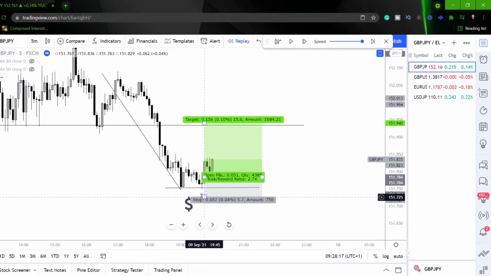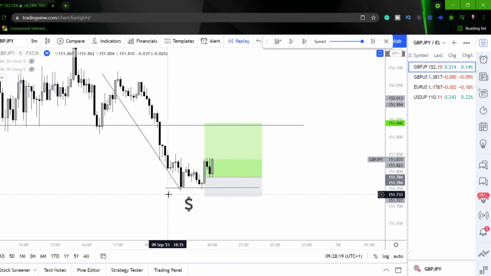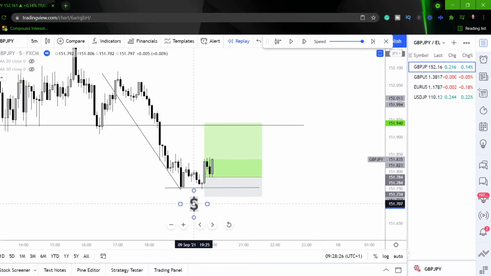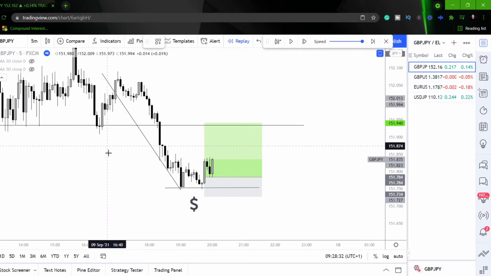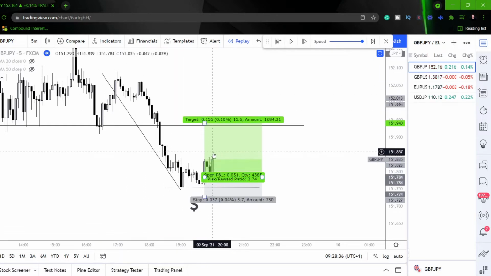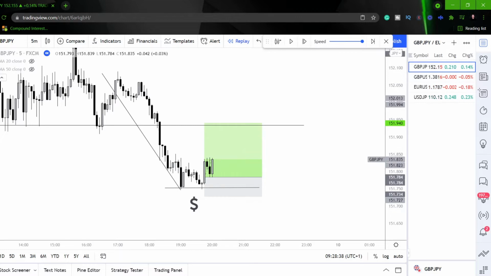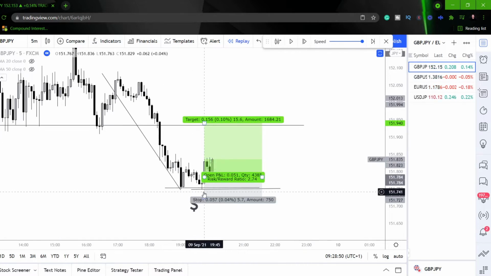What I mean by liquidity, you want to look at liquidity in terms of money. Where is the money lying in the market? We have got loads of stop losses below this level. We've also most likely got sell stops below this level. So people that are looking at this downtrend, anticipating a pullback and then a continuation lower, want to trade the breakout. They'll most likely have limit orders below this level as well.